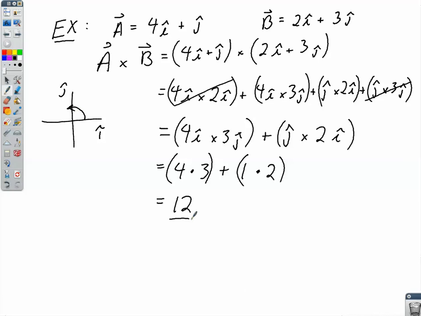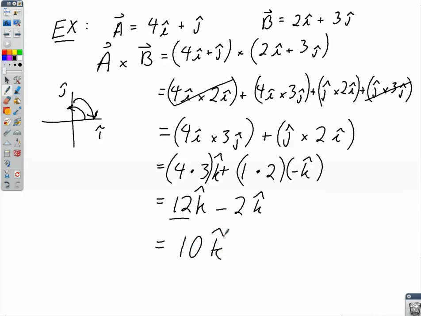But when we do the other way around, j cross i, curl our fingers this way, we get a negative k. So that actually ends up being a negative in here. Negative k hat, and let's put a positive k hat. So we've got a positive 12 k hat here, minus 2 k hat here. 12 k hat minus 2 k hat gives us the answer we already got, 10 k hat.